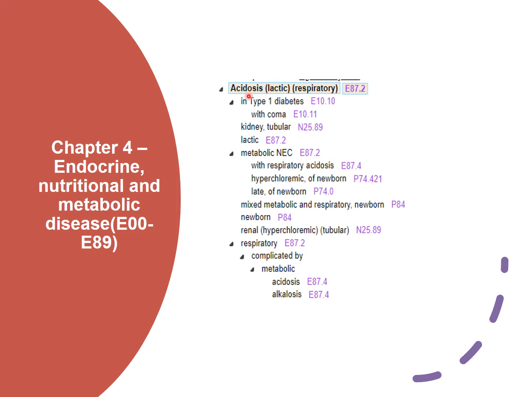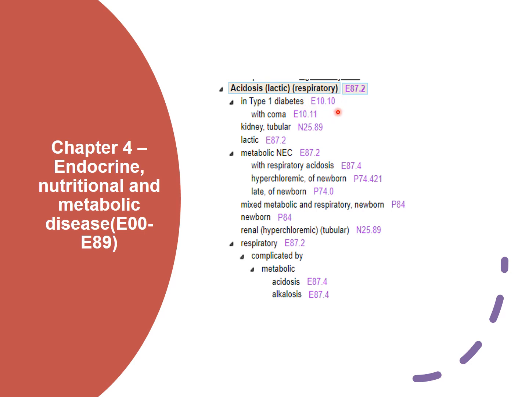If we go by the alphabetic index, acidosis, either lactic or respiratory, leads to E87.2. Here you see lactic is E87.2, metabolic E87.2, respiratory E87.2. If the patient has metabolic with respiratory acidosis, it is E87.4. If it is type 1 diabetes with ketoacidosis, then we have to code with E10.10.